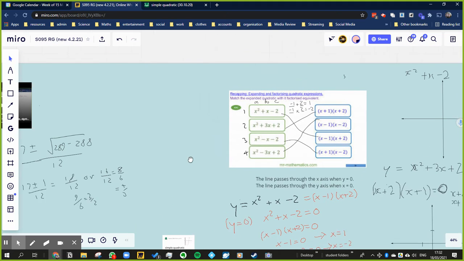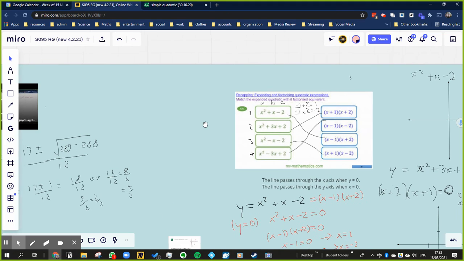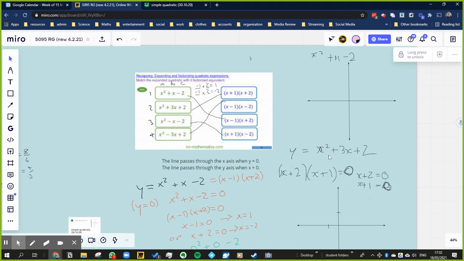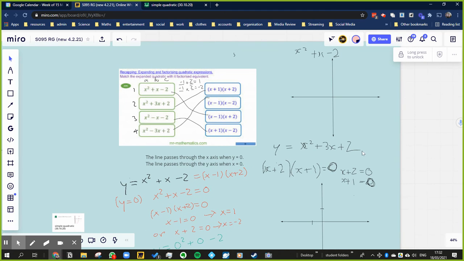So now let's have a look at equation 2. We've got y is equal to x squared plus 3x plus 2. First of all, what's the value for y when x equals 0?